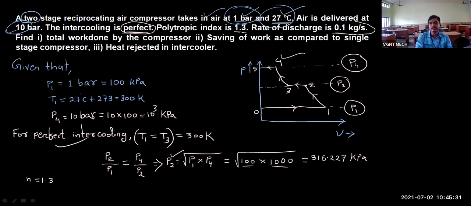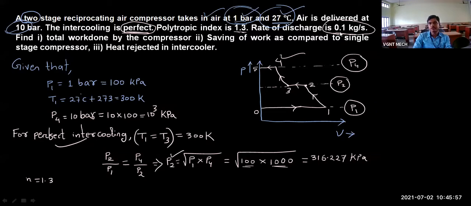What is this thing? Can anybody tell what is this 0.1 kg per second? It is mass flow rate.